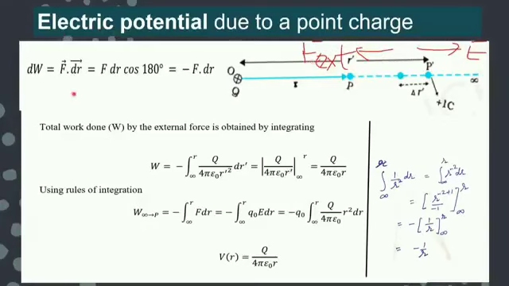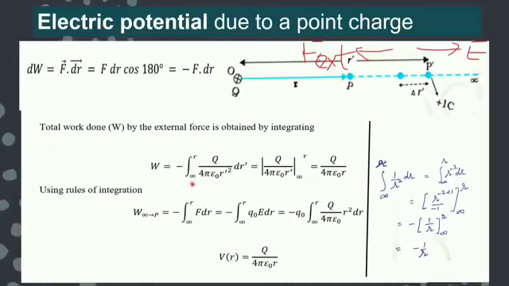So what it is, if I have to find the small work done in moving a small distance dr, it will be written as F dot dr, because you know the work done is the dot product of force and displacement. But displacement and force are acting in the opposite direction, so you will write it as equals to minus F dr. And if you want to find the total work done, you will be integrating.